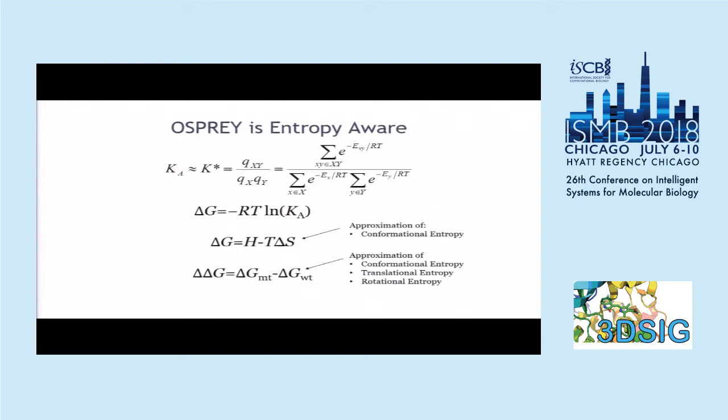So because from Ka we can approximate delta G, and we know that delta G has an entropic component, we know that we actually are taking into account this conformational entropy, which if you do not, you simply can't see with your designs. Moreover, when we calculate delta G, which is the improvement versus your wild type, you actually get quite a few entropy options, being conformational entropy, translational entropy, and rotational entropy.